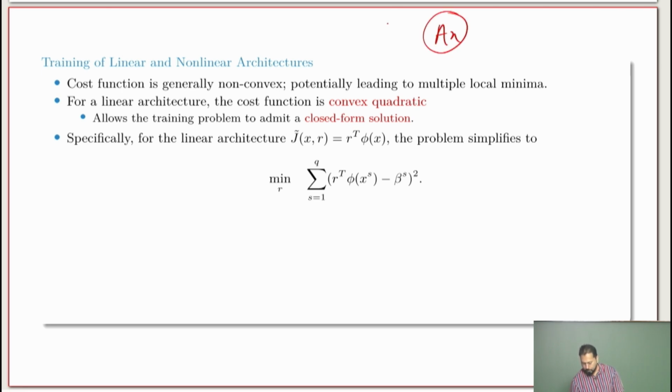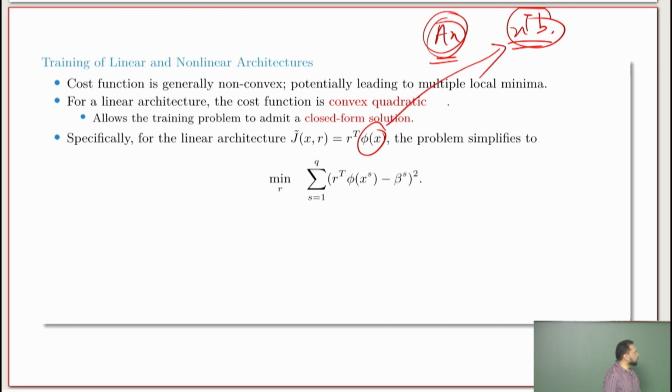You may write it in another way, X transpose A or X transpose B. So these are all linear. If A is a column vector, then it's a special case like this. But in general, linear functions are like this. And as a special case, when A is 1, then it is like X transpose B. So all this is fine.